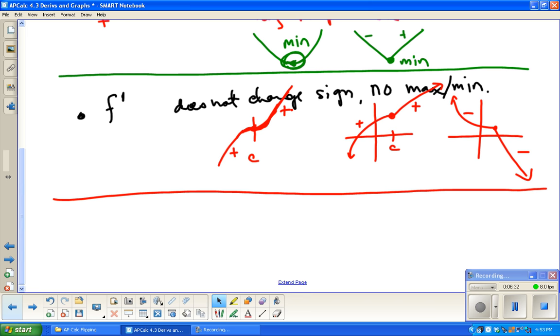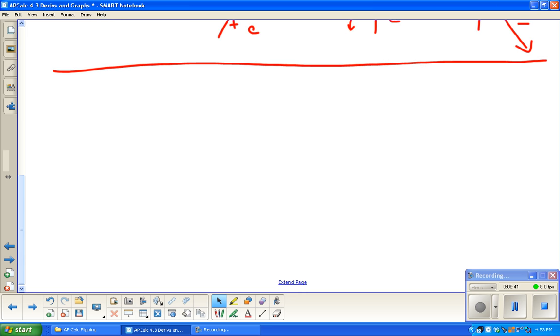All right, continuing on. Those are the main points for the first derivative test. Now there are some special issues here. One of those is if we are looking at an endpoint of some interval.